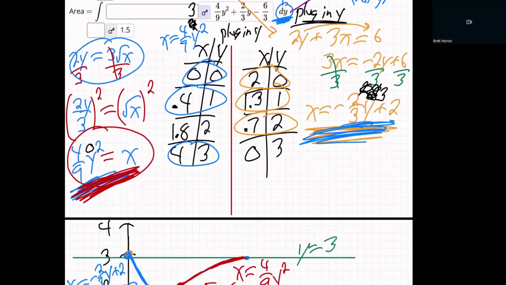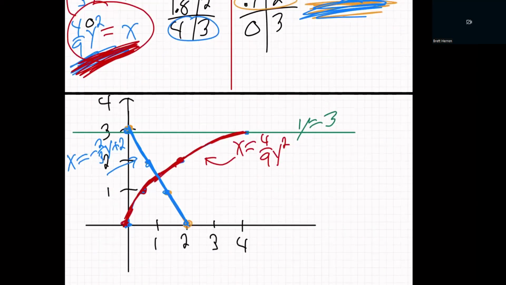Notice dy. So that's up and down. So in other words, I'm going to put rectangles like this. Like that.